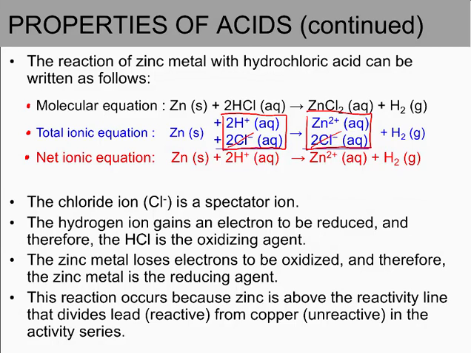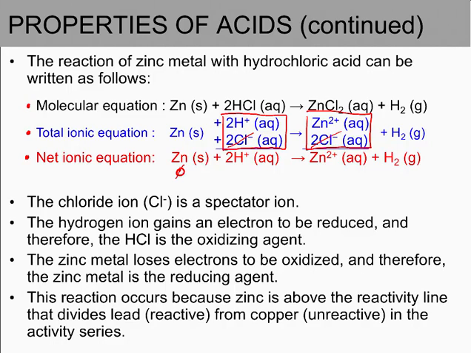Now remember, if you have a transfer of electrons, that's a redox reaction, right? A reduction oxidation reaction. So we could take this even a step further and assign oxidation numbers to each of these different ions and molecules. So zinc is a pure solid, so that would just have a value of 0.